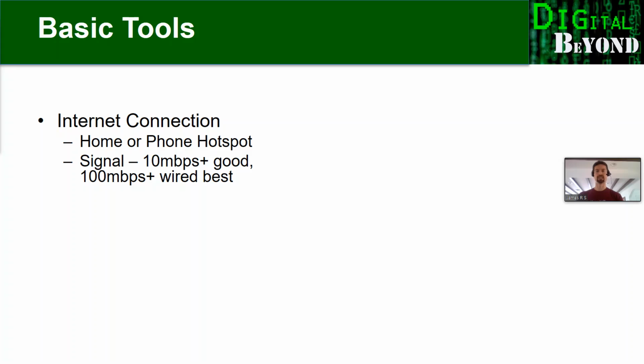It'll give you a little gauge of how good your signal is, how good your connection is. You should get at least 10 megabits per second. That's a measurement of the speed there. Really, if you get 100, or some of you even have more than that, that's definitely the best connection, especially if you're going to be having video connections, you're going to be watching video or doing video calls.